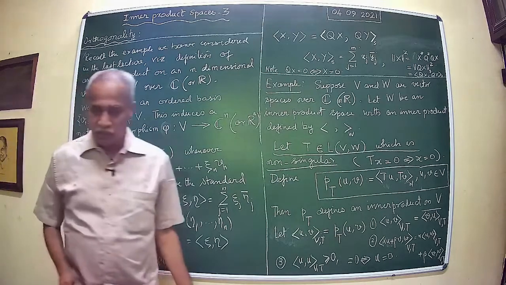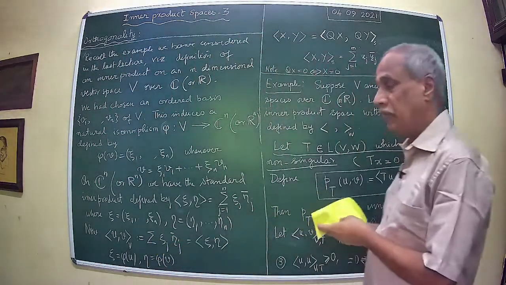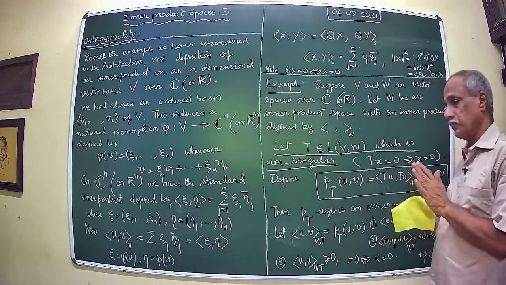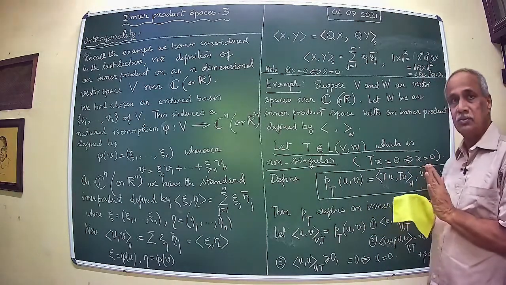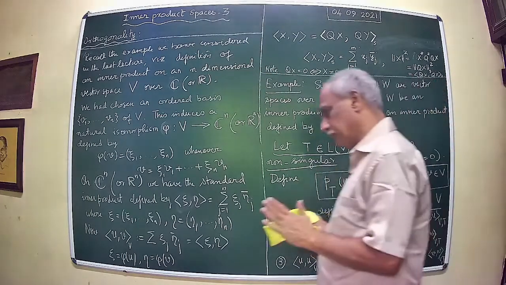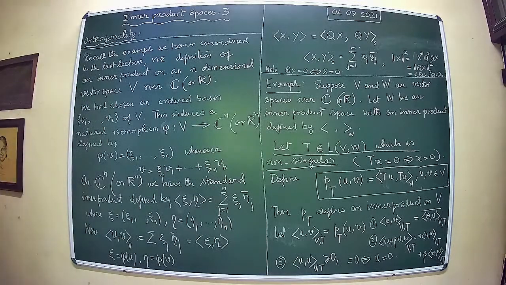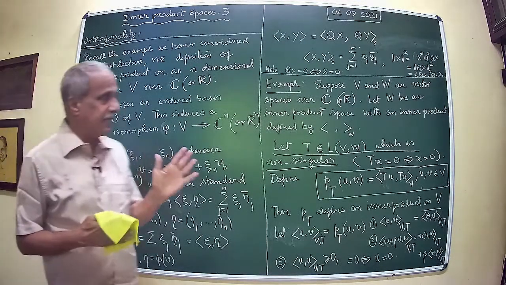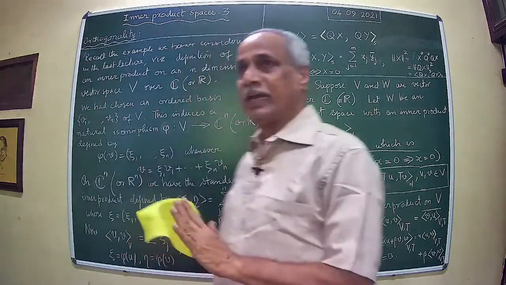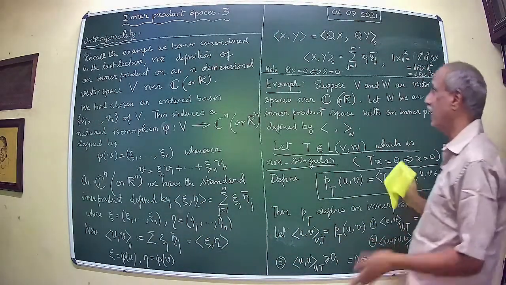Now different inner products endow the space with a different geometry, a different concept of length and a different concept of angle. But essentially or abstractly, they endow the space with a concept of length and angle.